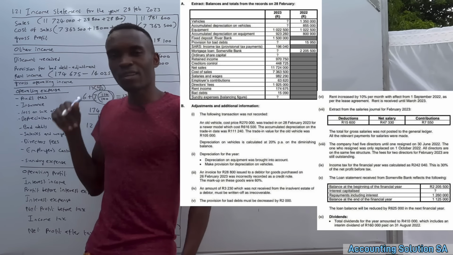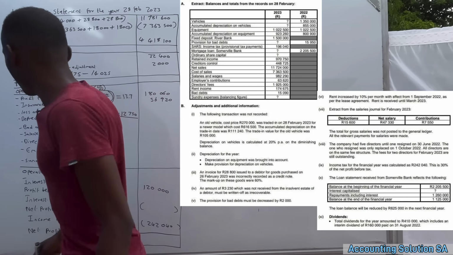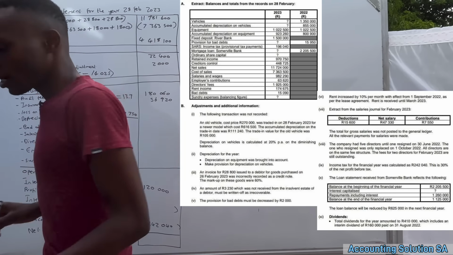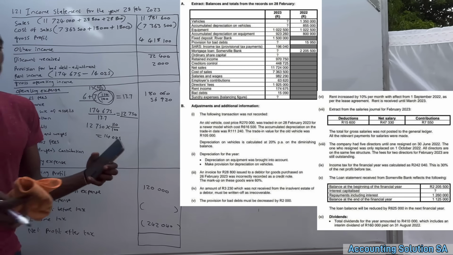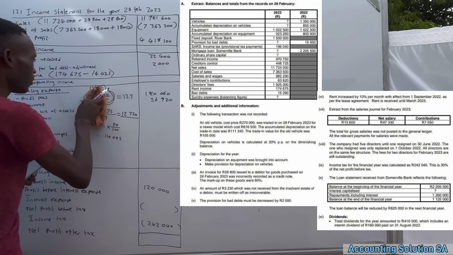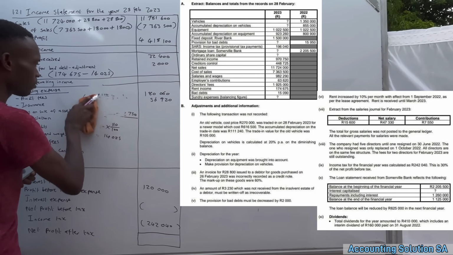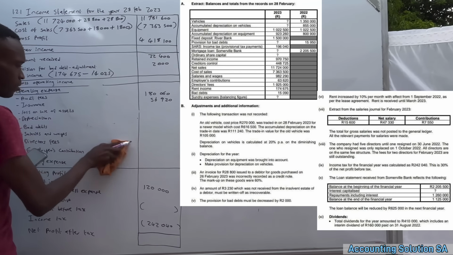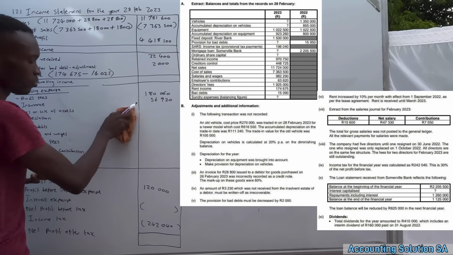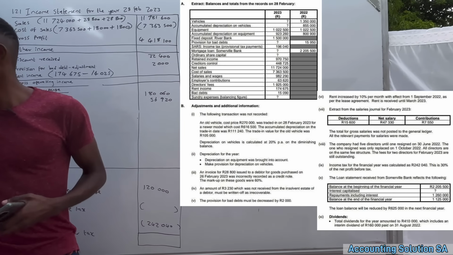So do it correctly. Count those months correctly. You will get it. Very simple. It's not difficult to adjust this transaction. Okay, now we're going to get our answer. Let me rub here so that I can calculate other things. Very simple. So I hope now you have learned something when it comes to rent income.